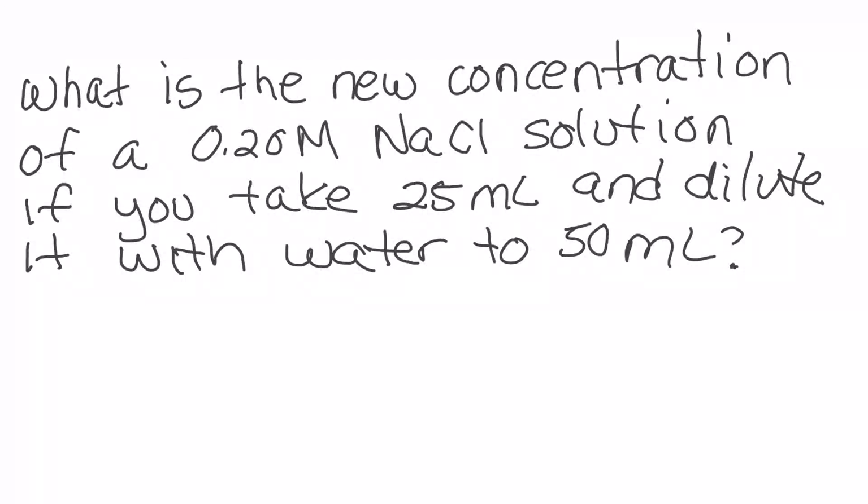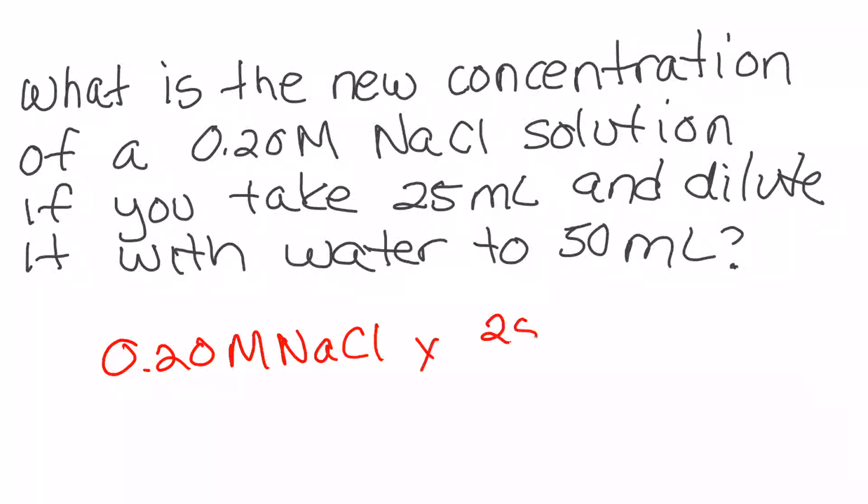How could we show this mathematically? Well, I start with 0.20, we're still in our red. 0.20 molar solution of sodium chloride. And I took 25 milliliters of it and I diluted it to 50 milliliters.